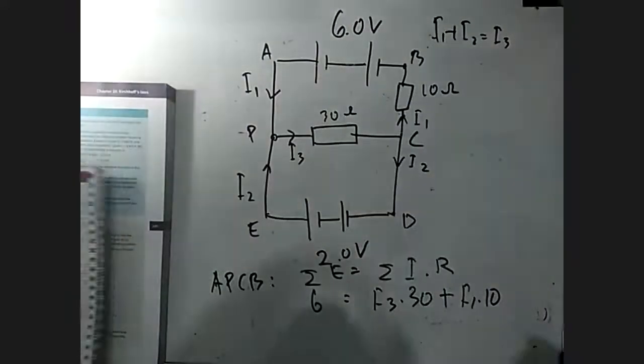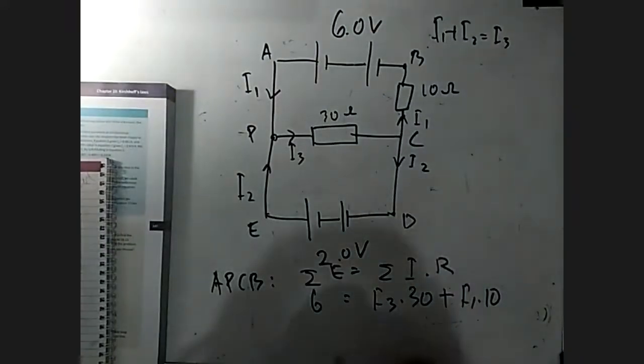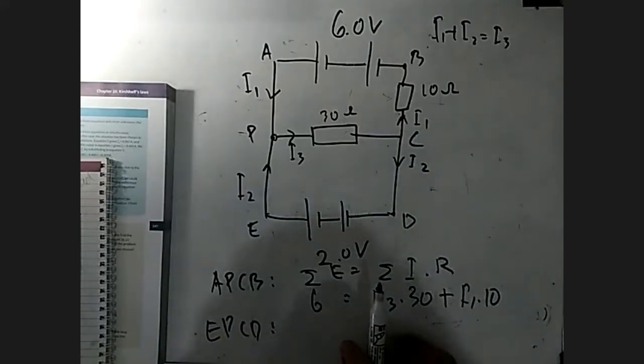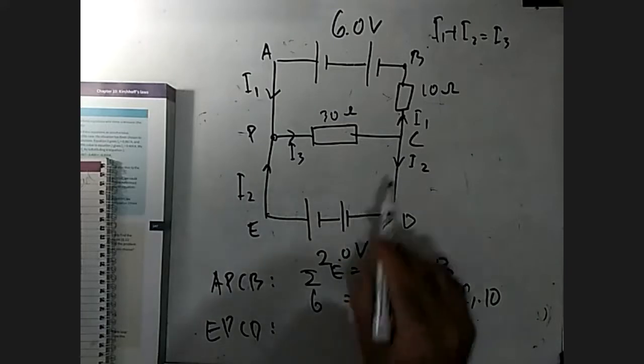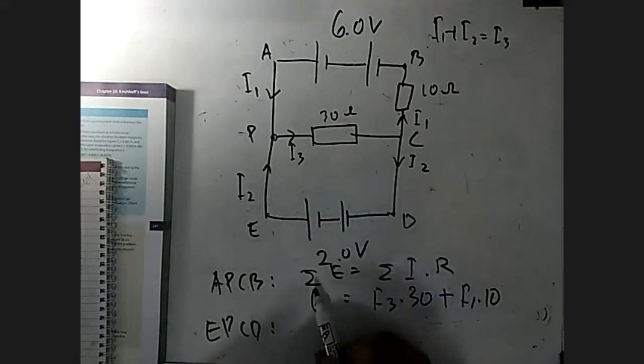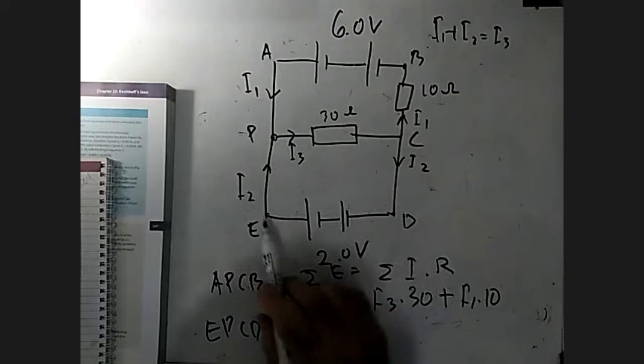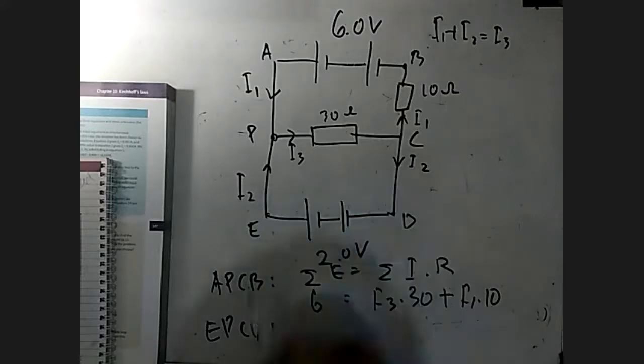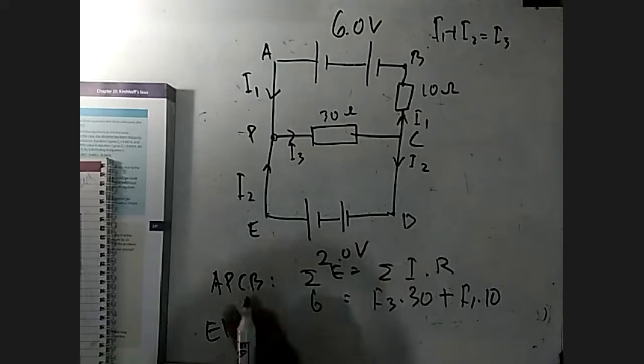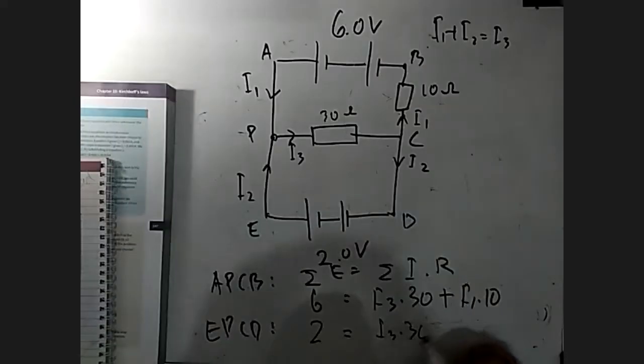With the same idea here, we can make another one, which is the loop EPCD. Now, EPCD, Brandon, make me the equation of Kirchhoff's second law in the loop EPCD. What is the EMF? 2. 2 equals I3 times 30. I3 times 30. Very good.